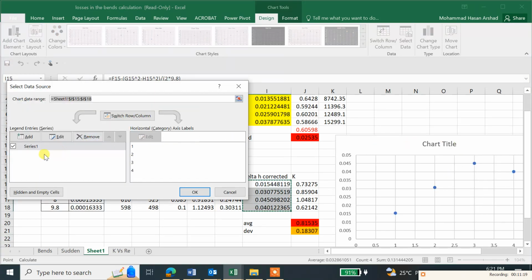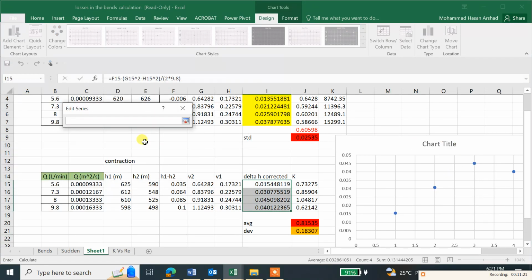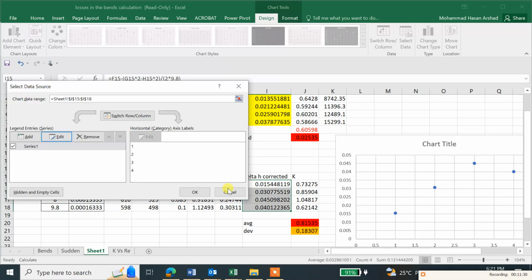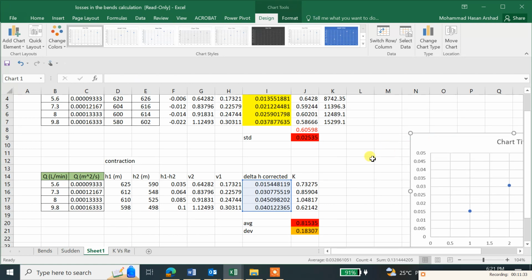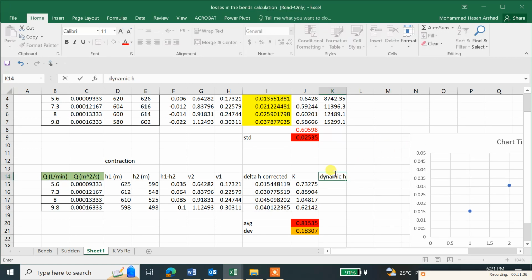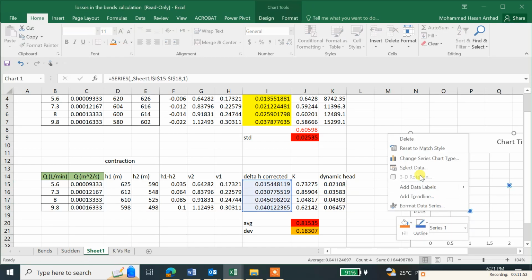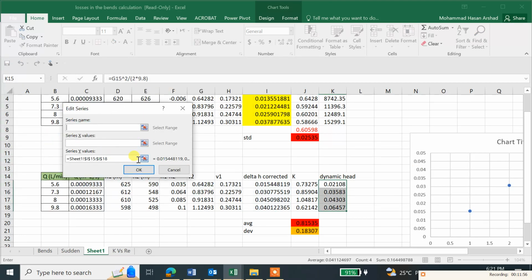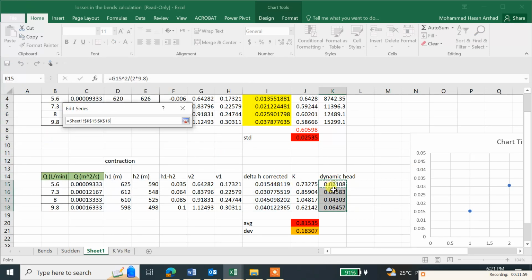So delta H corrected is with V square over 2g. This one is not here, right? So we need to calculate it. The dynamic head must be calculated, and we'll take the higher one. So V square over 2g. This one will be on the x-axis.